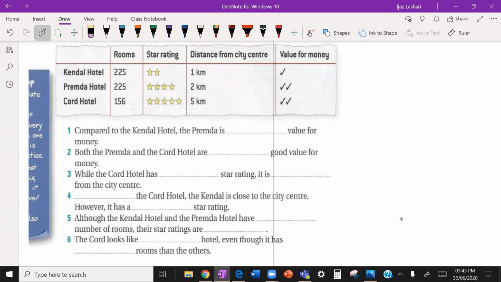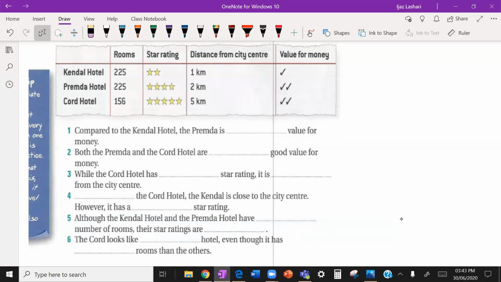Second one, Premida Hotel 225 rooms, star rating 4, distance from city center 2 kilometers and value for money 2. Grand Hotel 150 rooms, star rating 5, distance from city center 5 kilometers and value for money 2. Can you explain what it says as a whole?